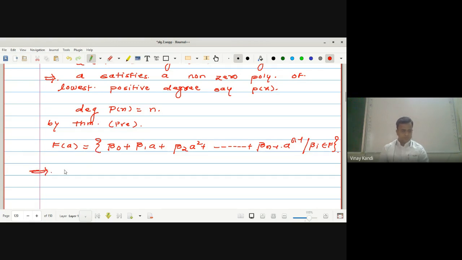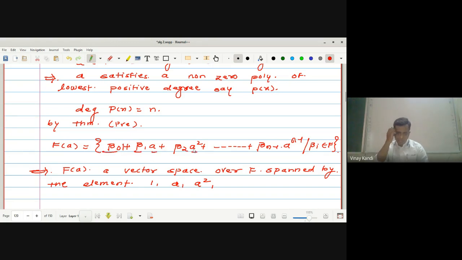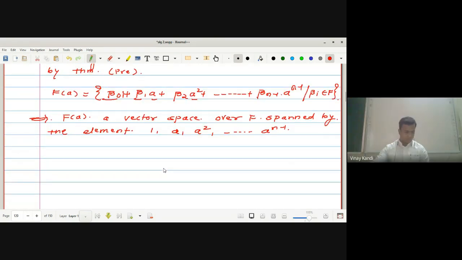This implies F(a) is a vector space over capital F spanned by the elements 1, a, a square, up to a raised to n minus 1. The betas are the scalars and these are the vectors. Is it correct? Yes, sir. Okay.